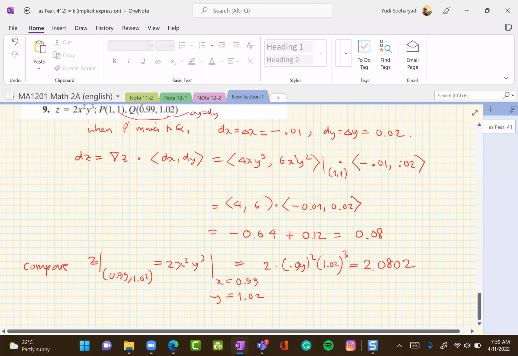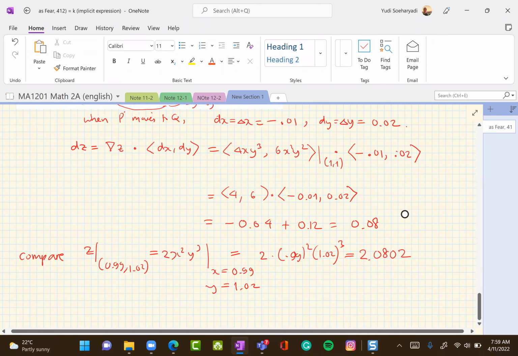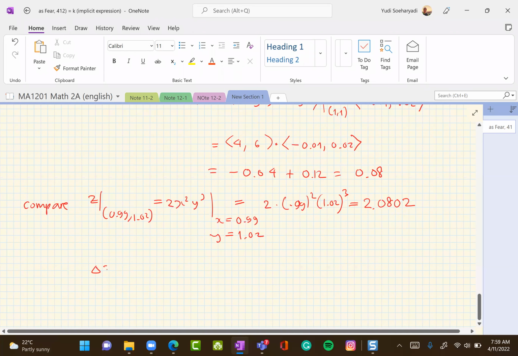All right. So that means delta Z is 2.0802 minus, well, the value at 1, 1 is 2. So 0.0802. Okay.